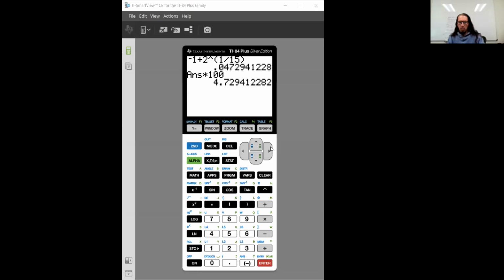Let's see if we can get the same. -1 plus e to the power of natural log of 2 divided by 15. So that natural log of 2, then divide by 15, that's our entire exponent.